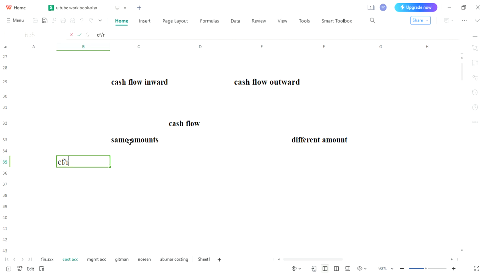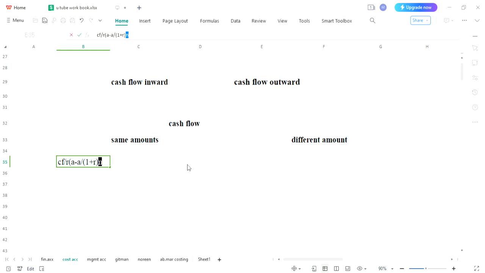You will start your bracket: 1 minus 1 divided by 1 plus r raised to power n. This is actually raised to power, and we'll have to change it to make it a power. A little formatting is needed. Kindly keep it in mind, it's important.